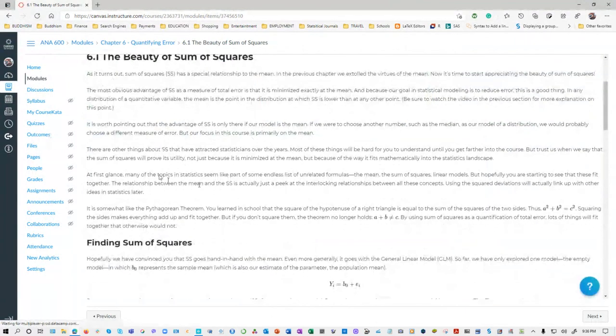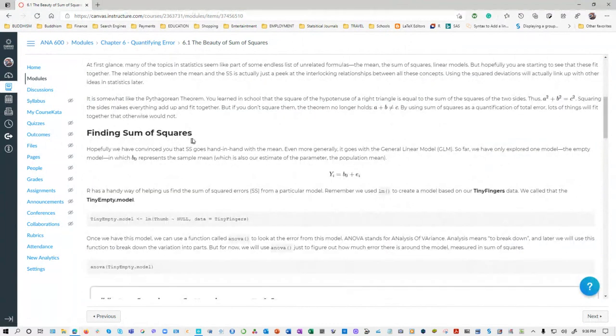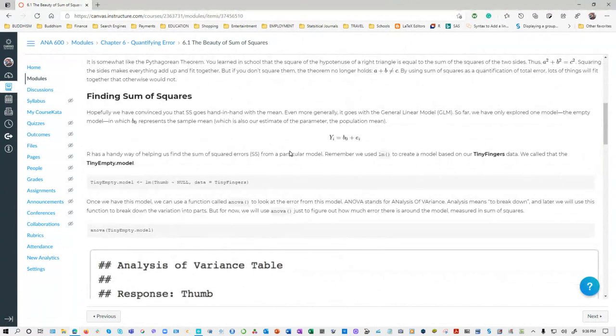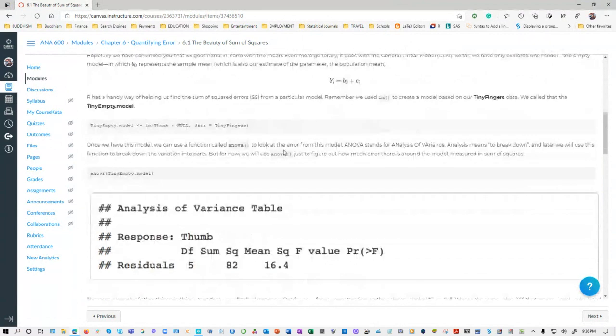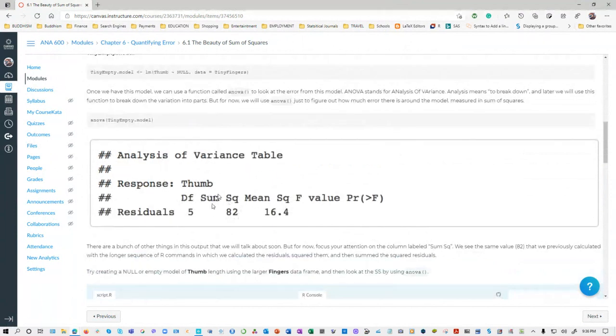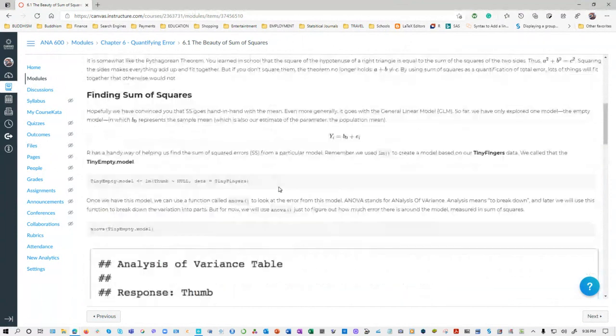Now they come and talk about the beauty of the sum of squares. How do you find the sum of squares in this? If you run a certain thing, you can easily get the sum of squares rather than doing it by hand.